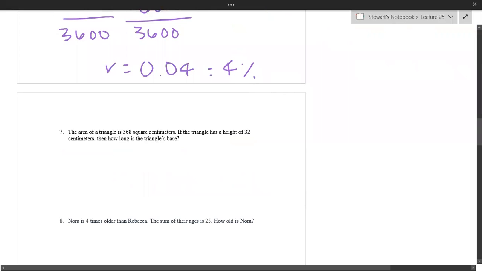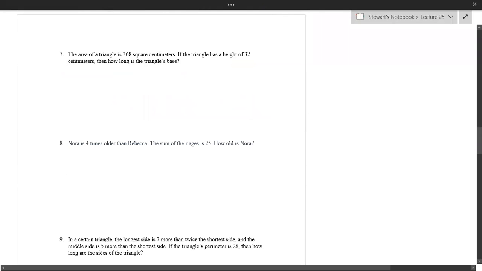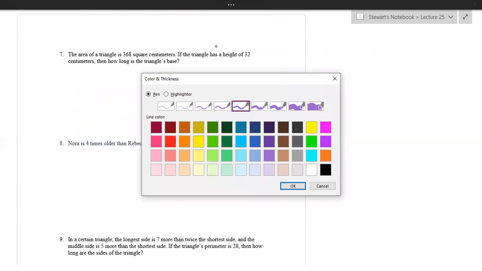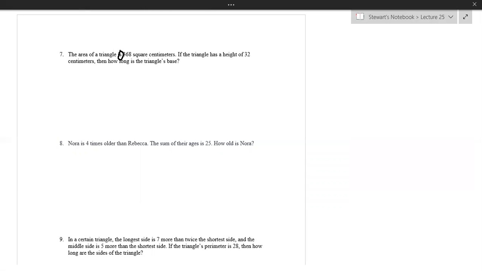Okay, so it says the area of a triangle is 368 square centimeters. If the triangle has a height of 32 centimeters, how long is the triangle's base? Okay, so in this one, we want to think again about what we know. First and foremost, we want to find where we have the word is or has.